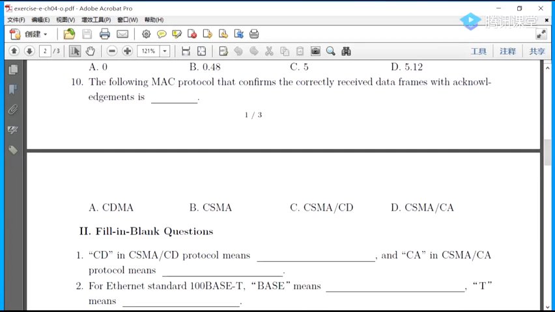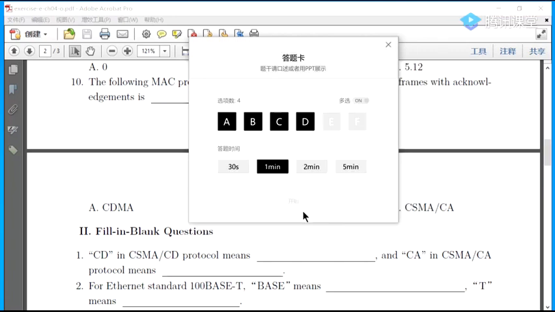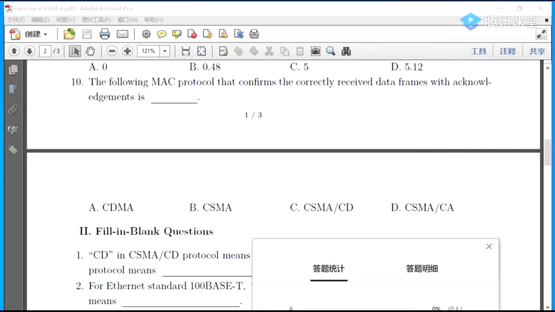Question 10. Which one of the following MAC protocols confirms correctly received data frames with acknowledgement?